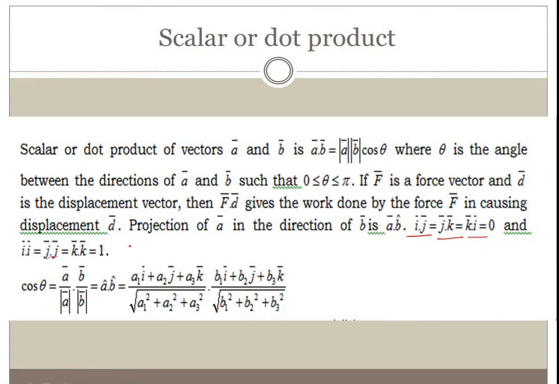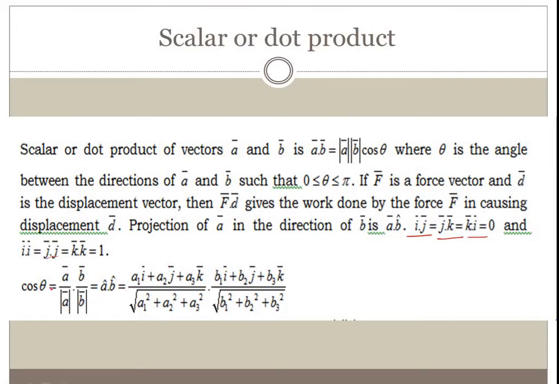And the most important formula, which is useful for finding the angle between two vectors, is cos theta is equal to a bar dot b bar upon mod of a bar, mod of b bar.